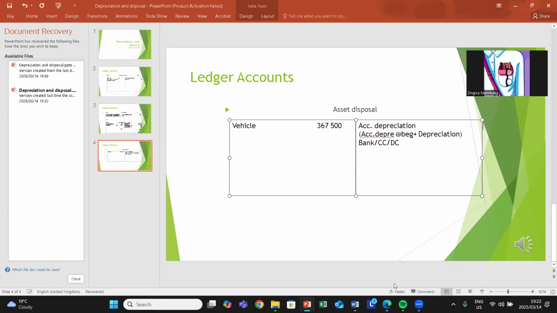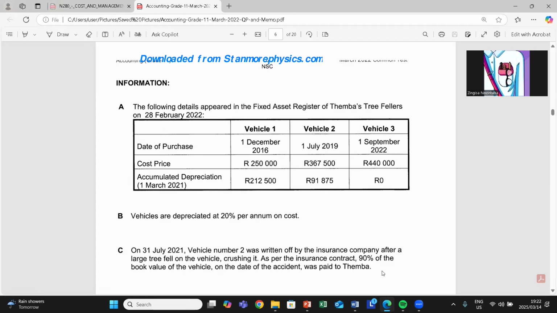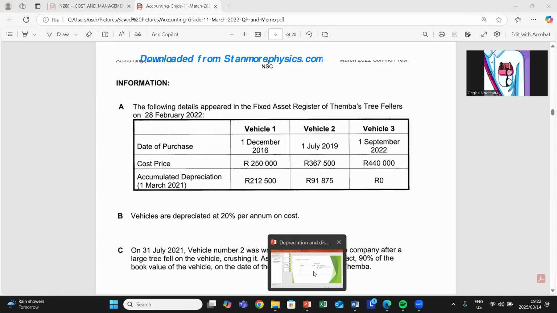They provided you with the accumulated depreciation at the beginning, which amounted to 91,875. That is your accumulated depreciation at the beginning. Here you are going to record it.